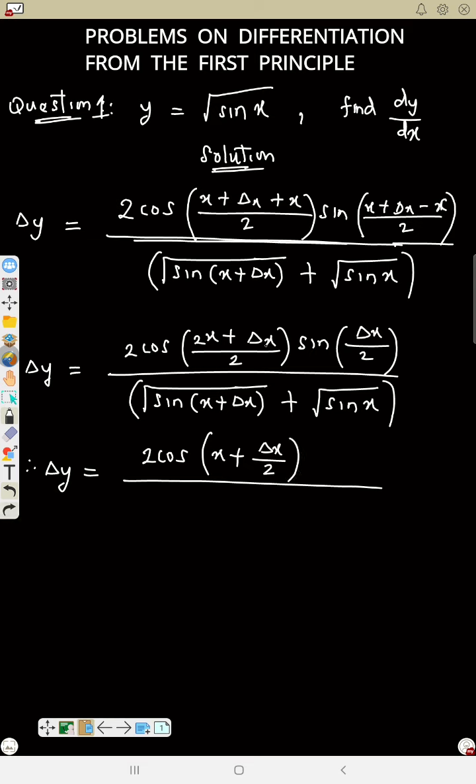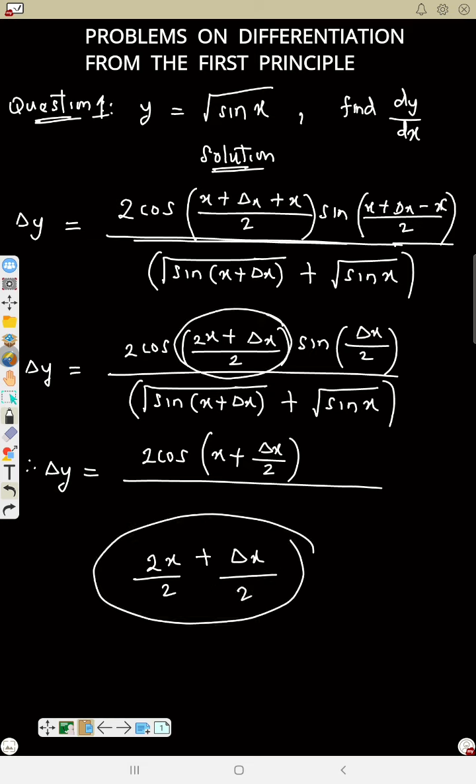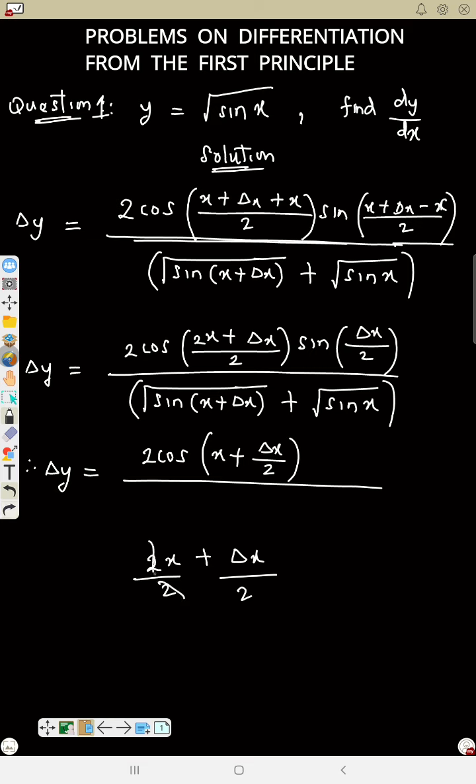That means the 2 will affect 2x to be 2x over 2, so here you can see 2 will cancel out, it remains x.